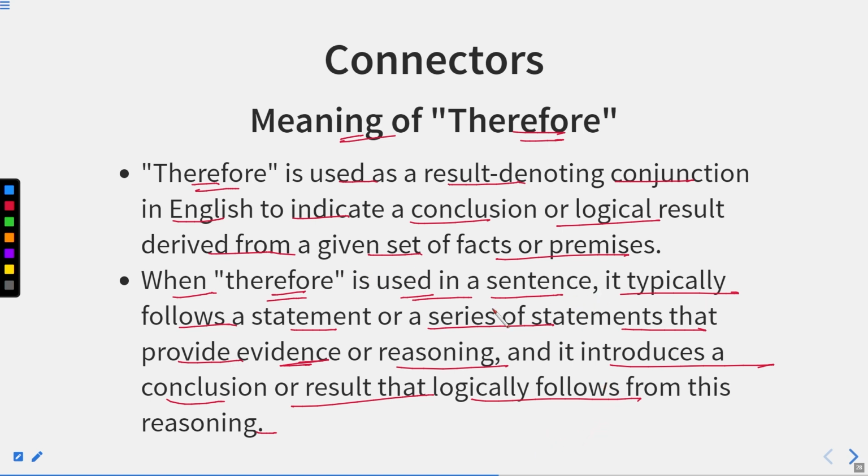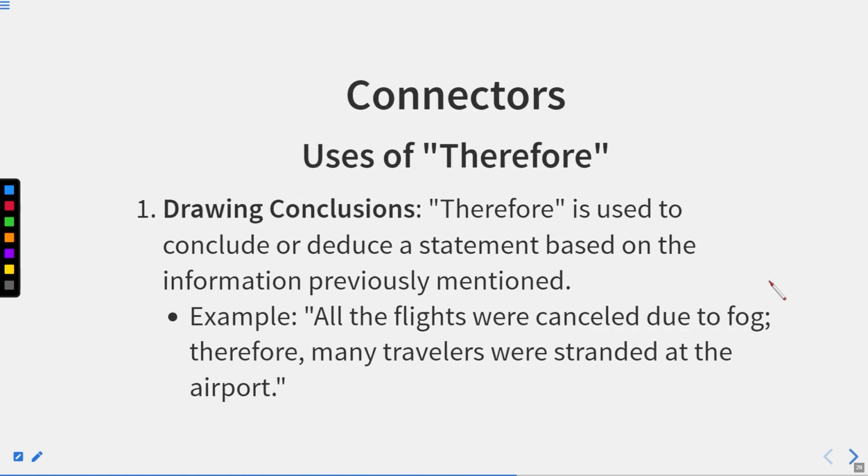Now, in a sentence, it typically follows a statement or a series of statements that provide evidence or reasoning. It means it shows us the evidence or the reasoning for what has occurred in the past. And it introduces a conclusion. Obviously, it draws the conclusion or the result that logically follows from this reasoning.